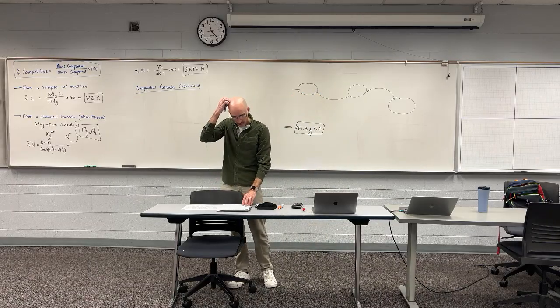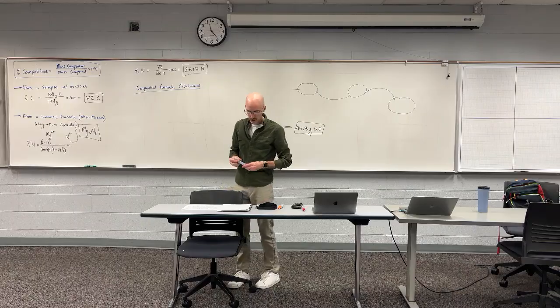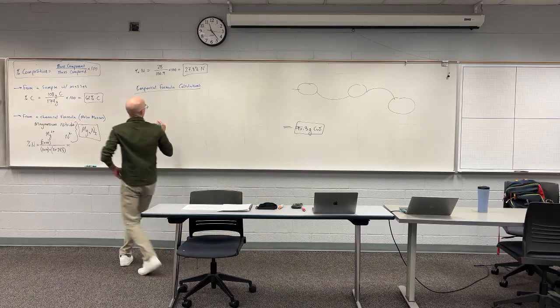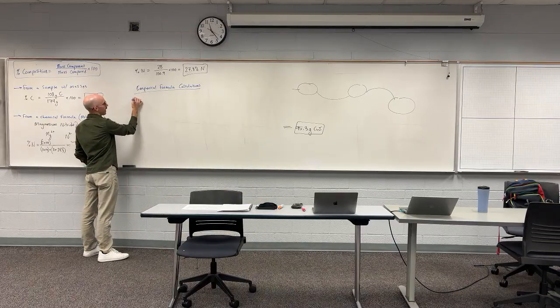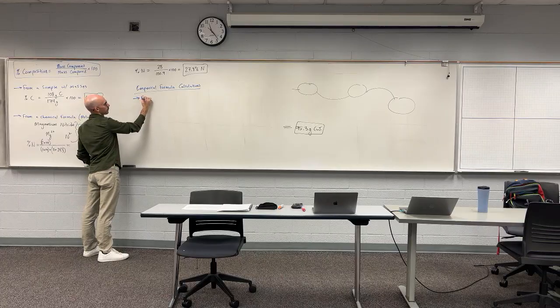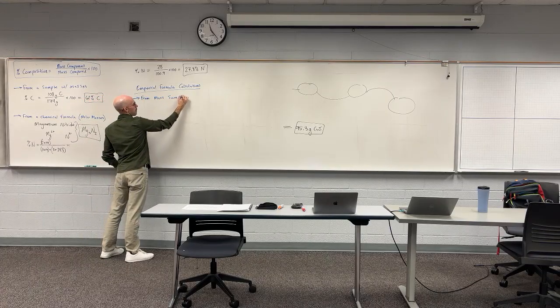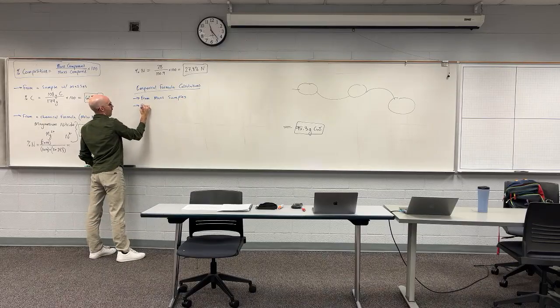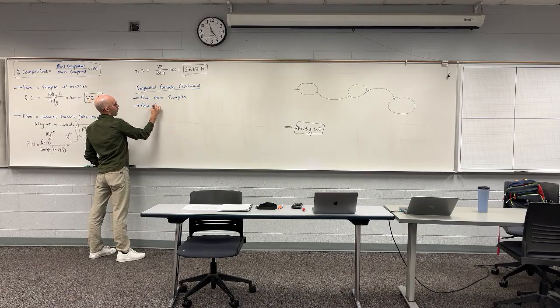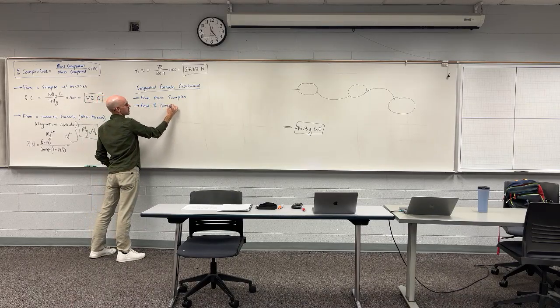There are, again, two ways that we can do this, but I'm going to set up a list of rules that we can follow. This is either from mass samples again, or it's from percent compositions.